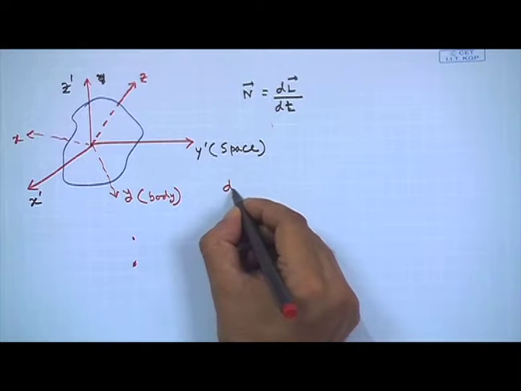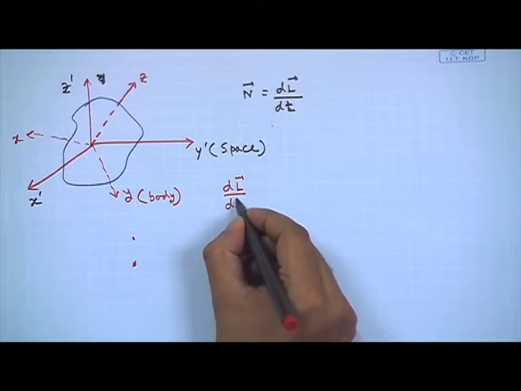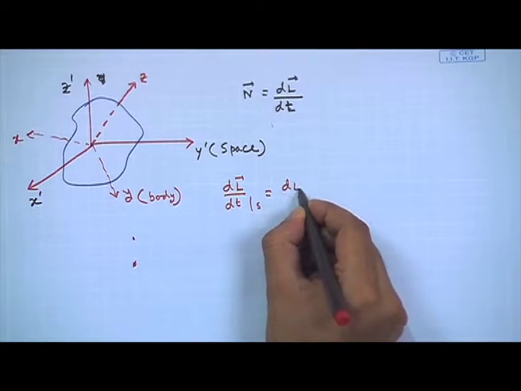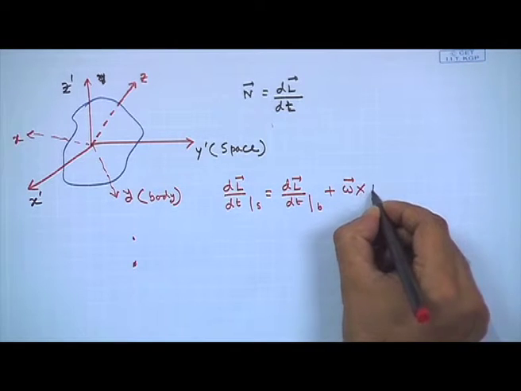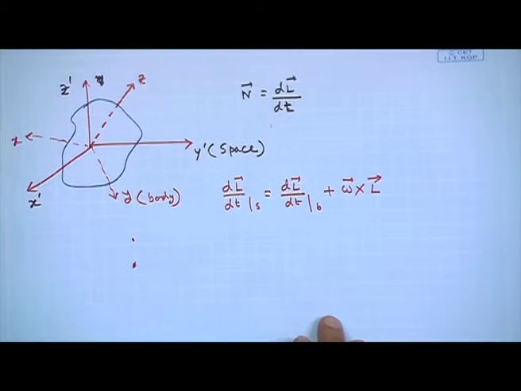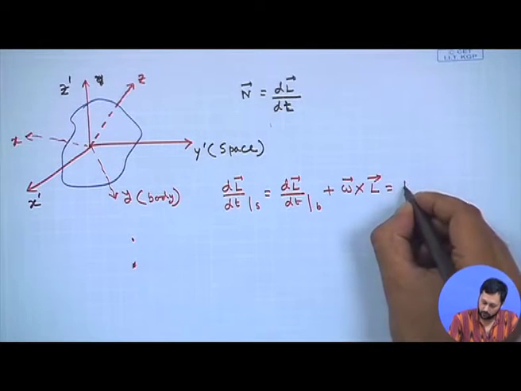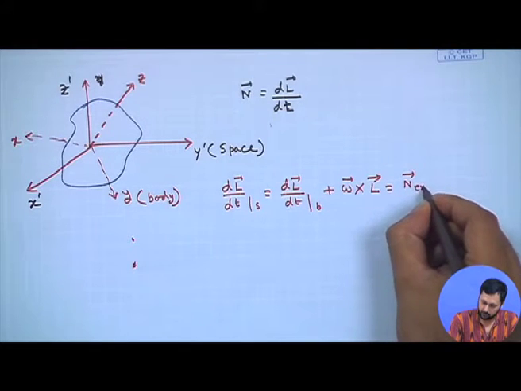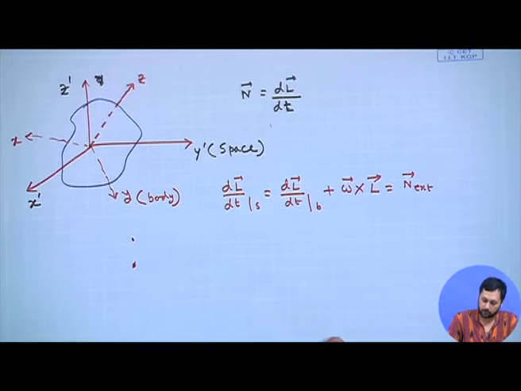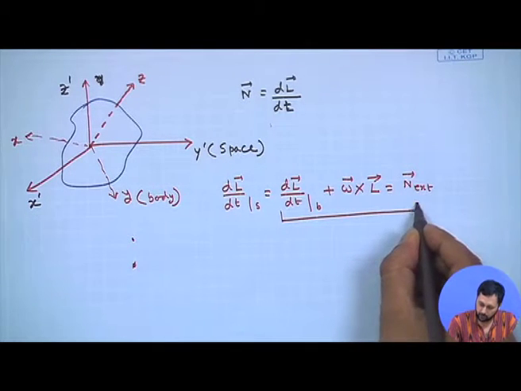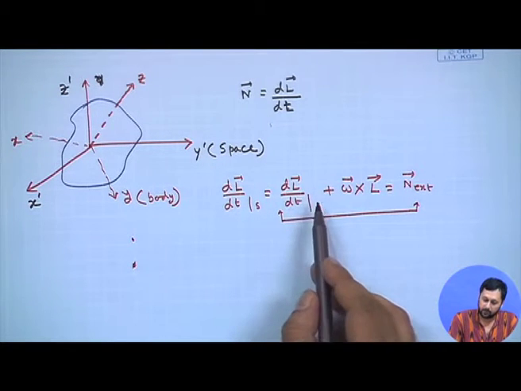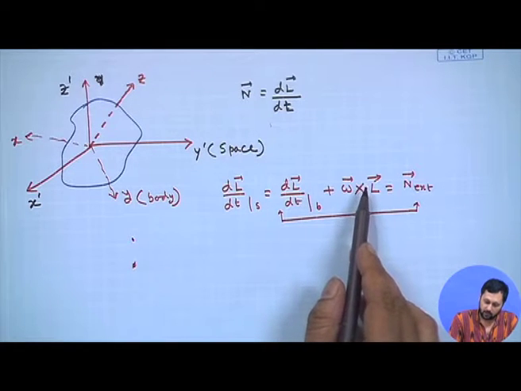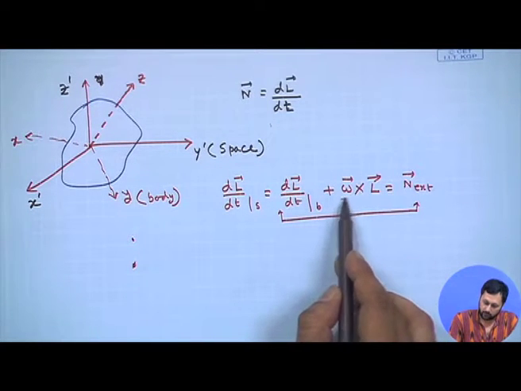Now, dL/dt in space will be equal to dL/dt in body plus omega cross L, and this will be equal to n, the total external torque. So, this will be the equation if we are measuring angular momentum from a coordinate system which is rotating with the rigid body with a velocity omega.